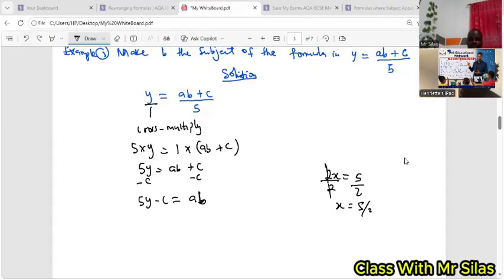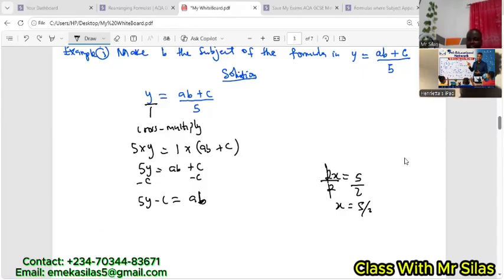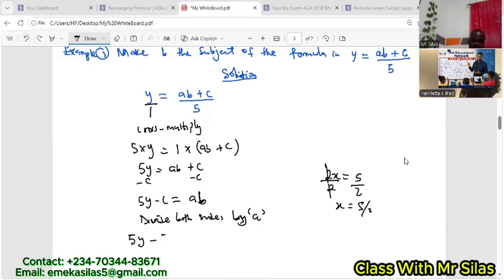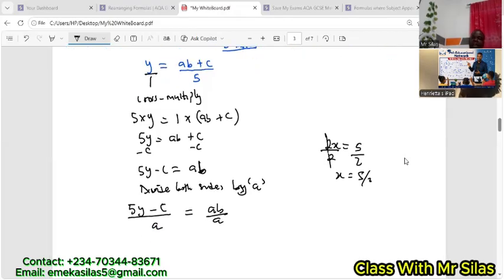So to make B to be alone, you have to divide both sides by A, which is the coefficient of B. All right, so divide both sides by A. So you have 5y minus C, divided by A, equal to AB divided by A. So the aim of dividing both sides by A is to make B to be alone. Remember, they said make B the subject, isn't it?